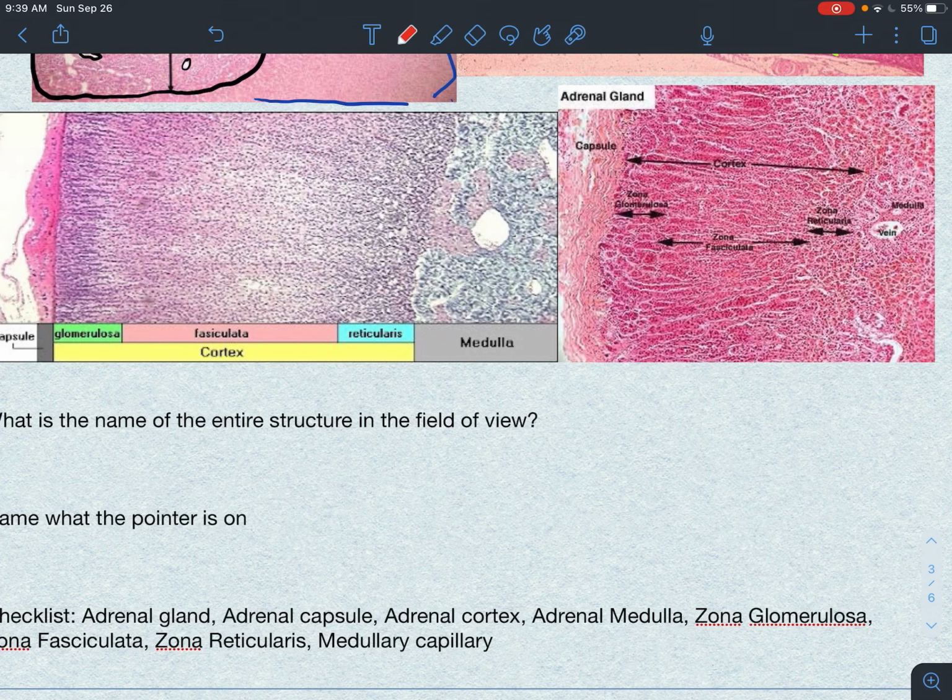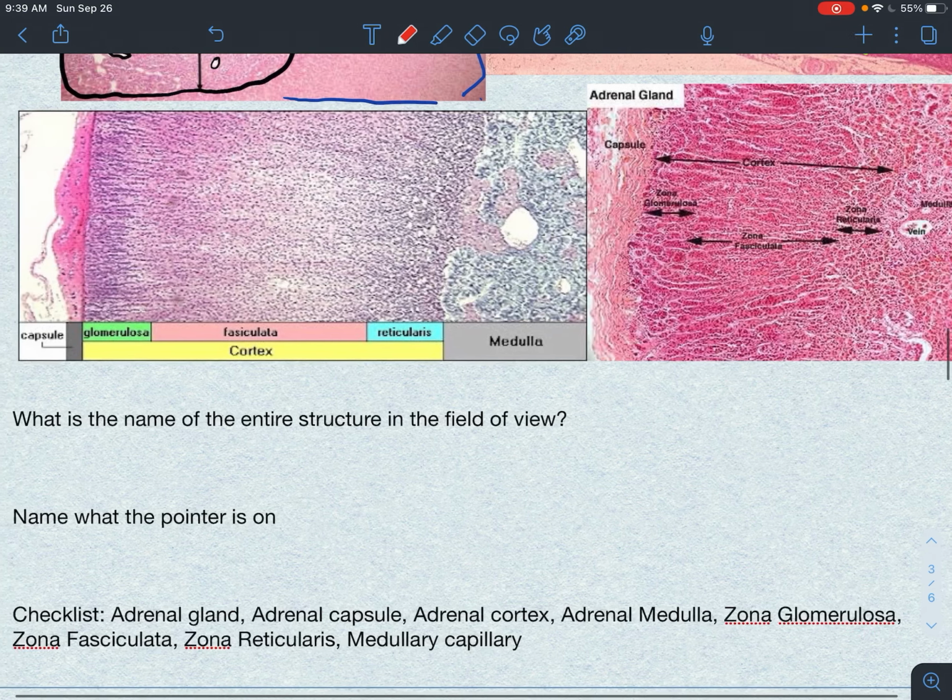The disadvantage is that you don't see the adrenal gland entirely, and so it can be a little trickier if it's so zoomed in and you don't see the overall shape of the adrenal gland.